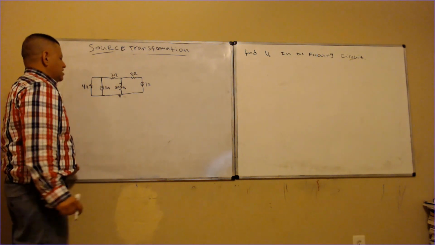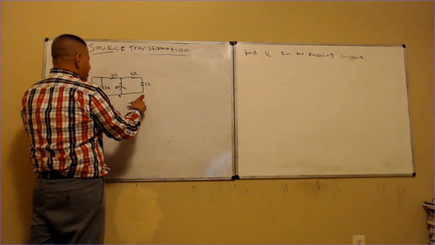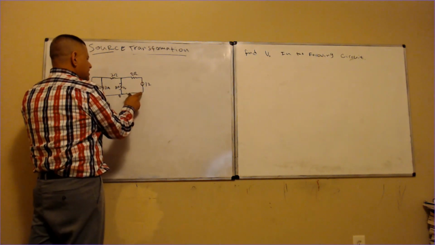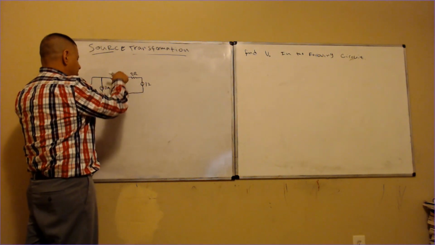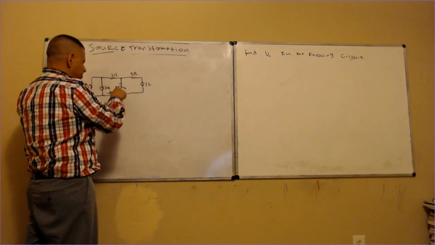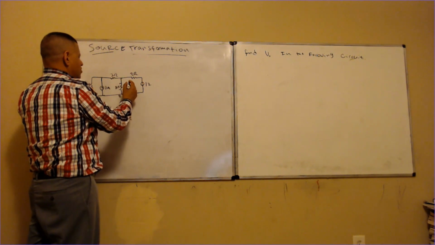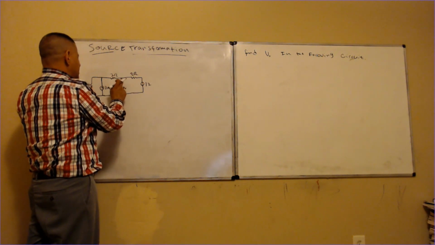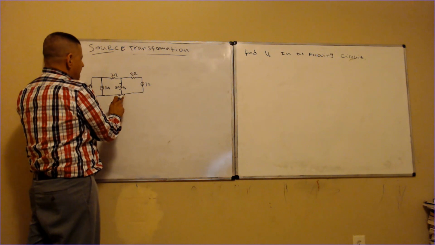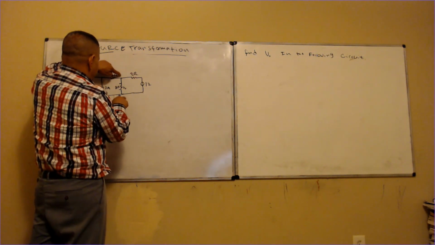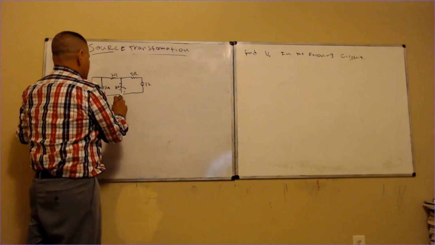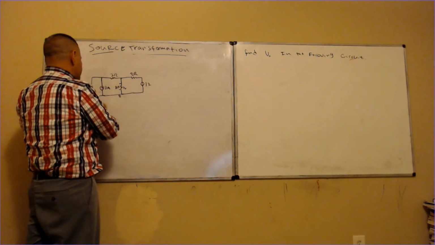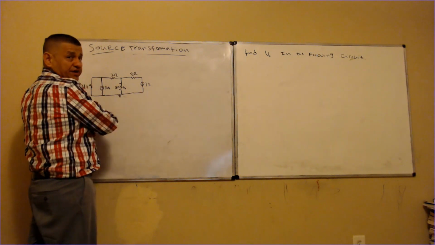This is a voltage source coming in and then going down. And then from that, I have this resistor connected to this node, and this leg of the resistor is connected to the ground node right here.